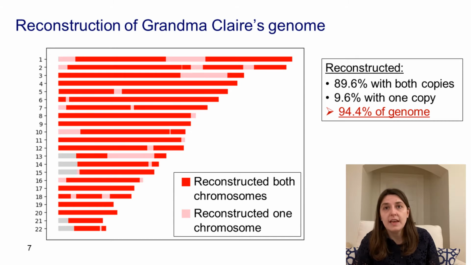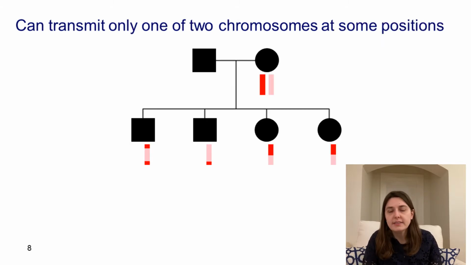About 90% of my grandmother's DNA was reconstructed on both copies, and almost 10% on 1 copy. If we give ourselves half credit for the 1 copy, then we were able to reconstruct about 94% of her DNA.